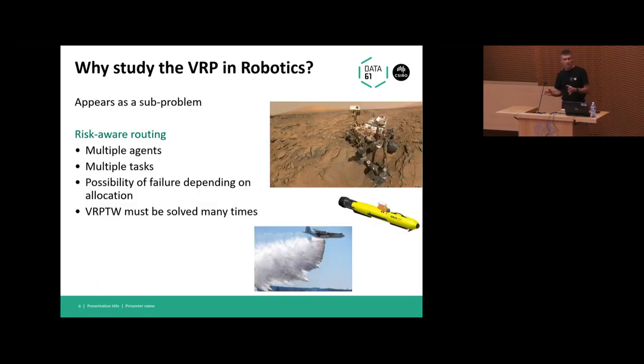In the context of robotics, it often comes up as a sub-problem when you're solving some of the allocation problems. So Brian was talking about an example on Tuesday where you've got two submarines that are moving around doing different tasks.